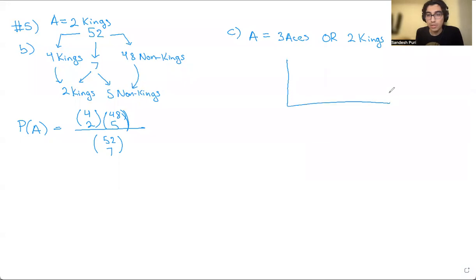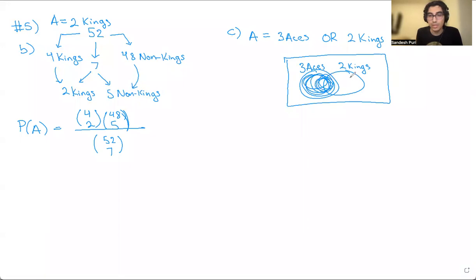Well, if we draw our space here and have our Venn diagrams, let's let one event be getting 3 aces, the other event getting 2 kings. Well, the probability of getting 3 aces is the left circle.